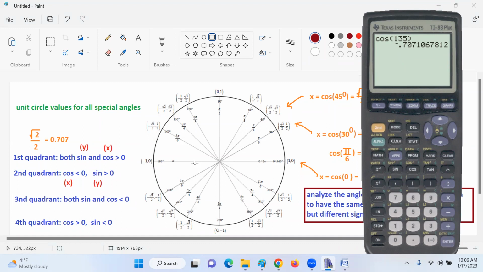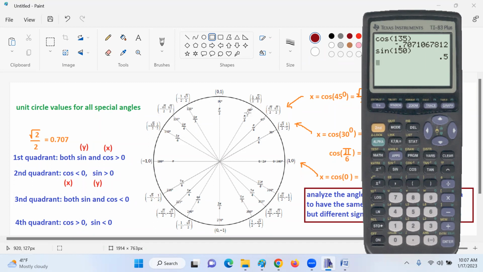And then the same thing if we want to take the sine of 150 degrees, I get 0.5, which is the same as taking the sine of 30 degrees. So a lot of you might say they seem to have the same result, except we have to play around with some negative and some positive values.